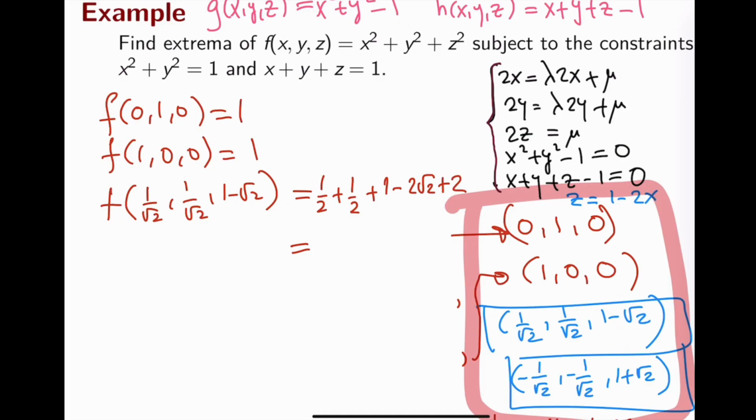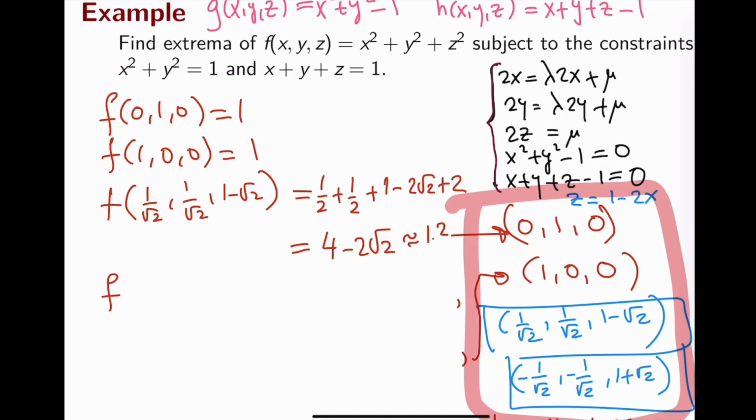Well, we do the operations here, and we get that this is equal to 4 minus 2 square root of 2, which is approximately, because we need to know approximately to be able to compare, right? It's approximately 1.2.